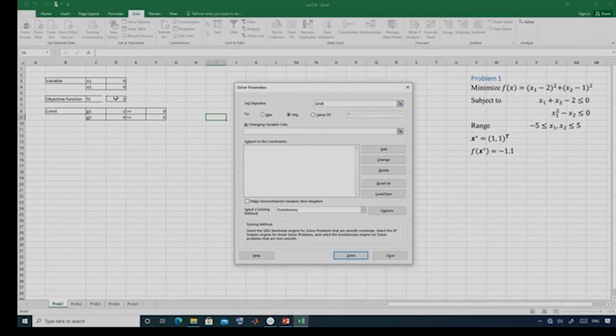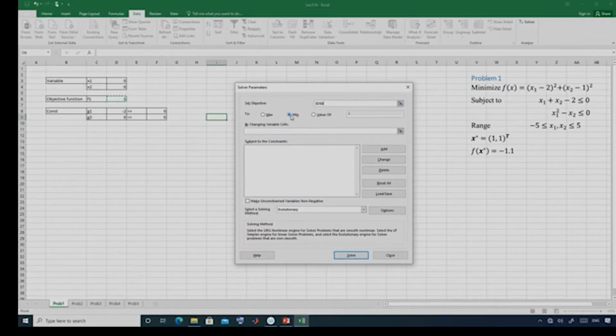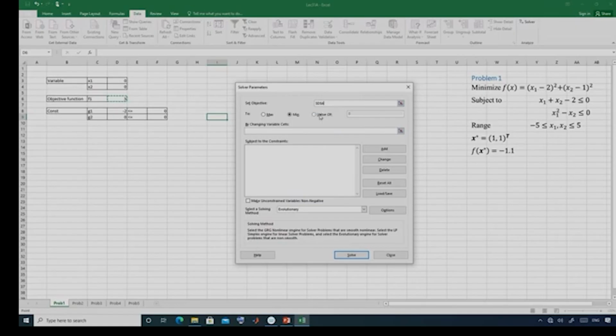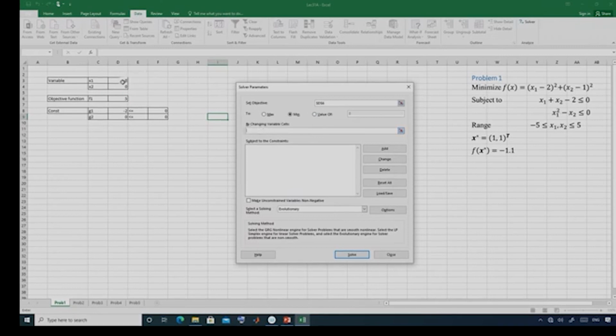So the objective cell is this, and I would like to minimize the objective function. So I have selected minimization, and if your problem is a maximization problem, you can select maximization, or if it is a value of, then you can also select this one. Here I have to define the variable cells. So these two are my variable cells.